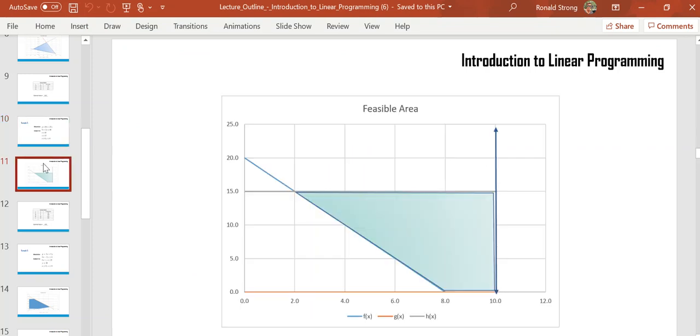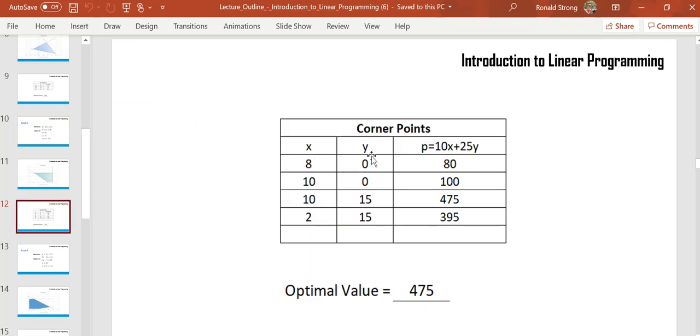Here's a look at the graph, and then here are our corner points put into a little table: (8, 0), (10, 0), (10, 15), and (2, 15). What we want to do is substitute the x and the y values into the objective function for each one of these corner points. So 10 times x plus 25 times y: 10 times 8 plus 25 times 0 gives us 80. 10 times 10 plus 25 times 0 is 100, and so on.